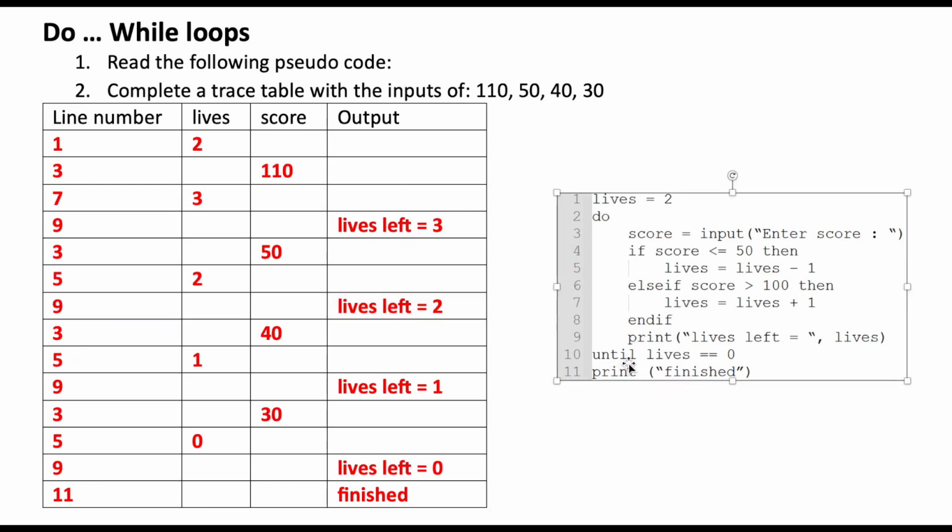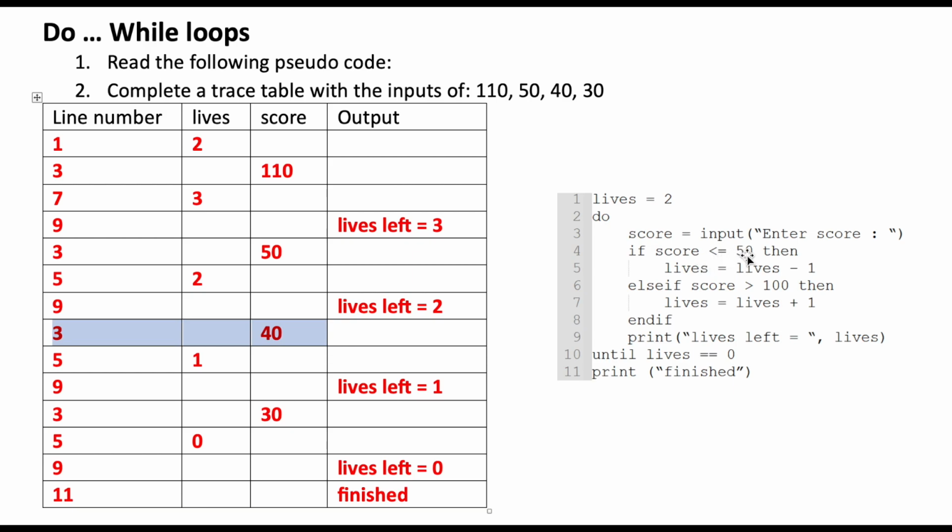Again, we evaluate the until condition. Until lives equals 0. Lives is currently 2, so therefore this is false. So it jumps back to line 3, which gets the third of our inputs, which is 40. We can see this in our trace table, that line 3 is shown an input of the variable score with the value of 40. We then execute the if statement.